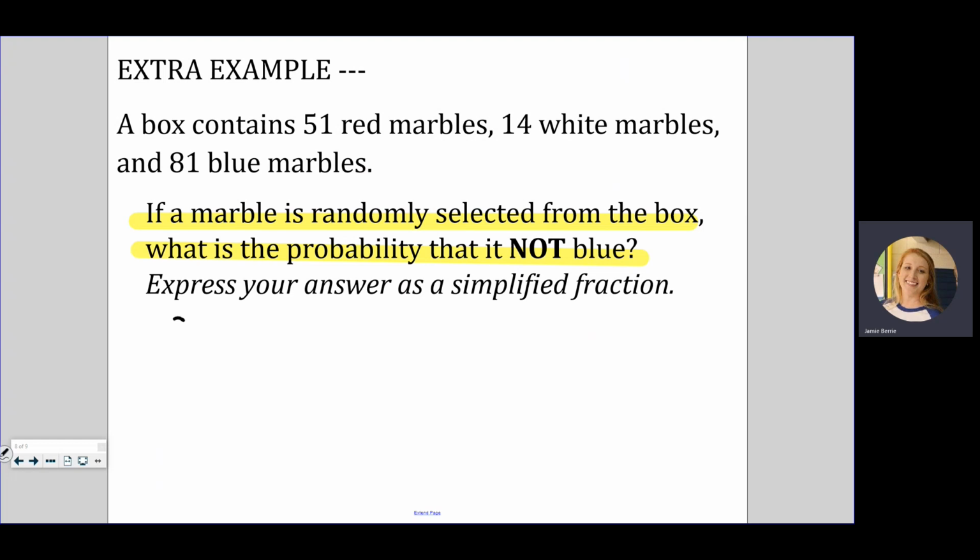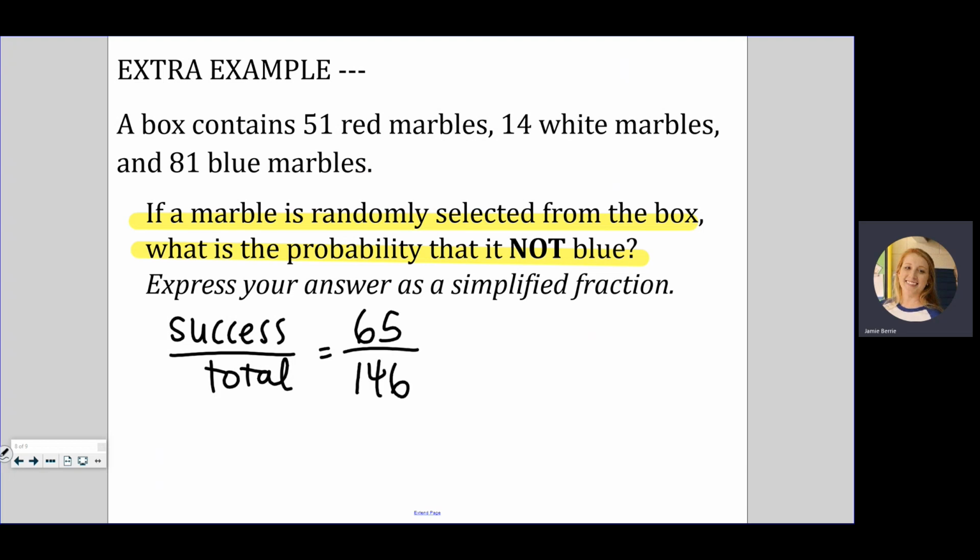So success over total would be, how many not blue marbles are there? 51 plus 14, 65. Total is the same. So that's the only way I could think of that Hawks could make this potentially more difficult, but as long as you're paying close attention to the wording, then you should be fine.